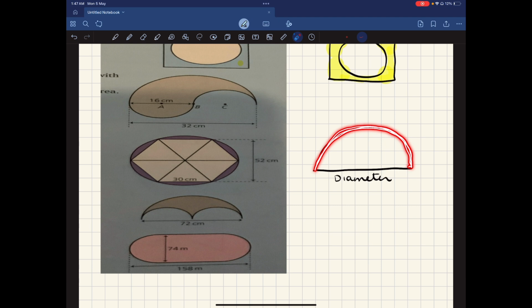So you're going to find that by 2 pi r divided by 2, which is pi r, and then you're going to add the diameter. Okay, why? Because perimeter starts from one point. So you find this semi-arc using the formula for the circumference of the semicircle, and then you also need to add this diameter to calculate the perimeter of this entire shape.